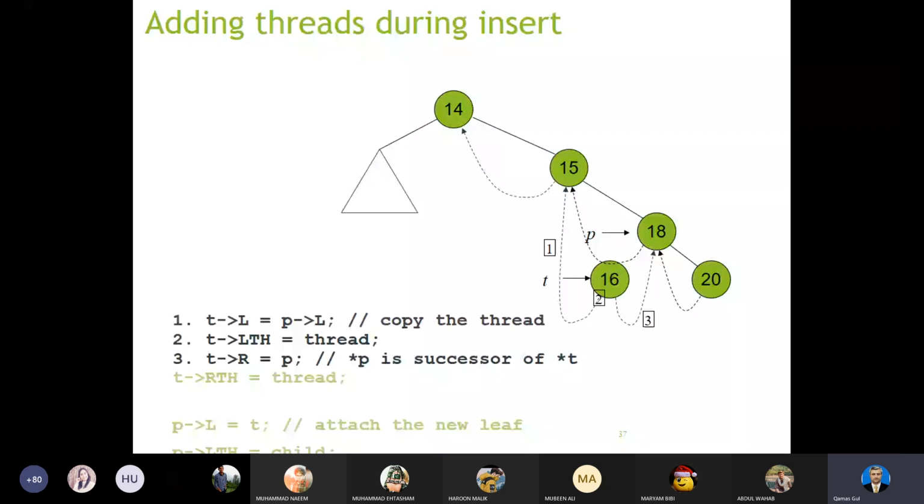देखें, अगर आप इसका इन ऑर्डर ट्रेवर्सल करें तो इन ऑर्डर ट्रेवर्सल क्या होता है? लेफ्ट, रूट और राइट। इन ऑर्डर सक्सेसर क्या होता है जी? Left, node and right, जी। तो लेफ्ट का लेफ्ट में आपके पास 16 है और 16 के बाद आपके पास क्या आ रहा है? 18. तो 18 जो है वो इसका सक्सेसर है, ठीक है। So इसलिए आप क्या कर रहे हैं?